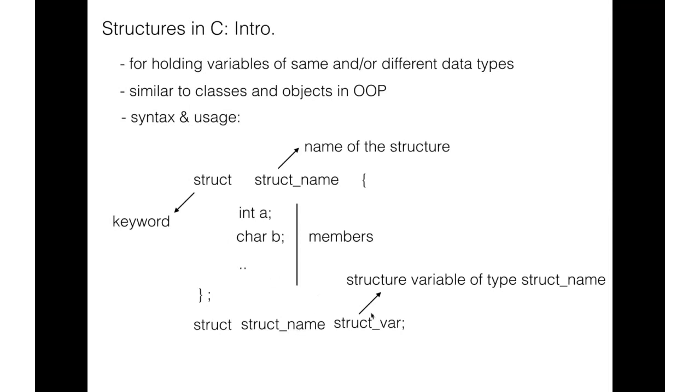Once you have created the structure variable of type struct_name, you can access the members of this particular structure using dot notation, which is similar to the dot notation that we use in object-oriented languages as well. So to access A, for example, using struct_var, we can denote struct_var.A. So here we say struct_var.A is equal to 20 to assign the value 20 to the member variable A.